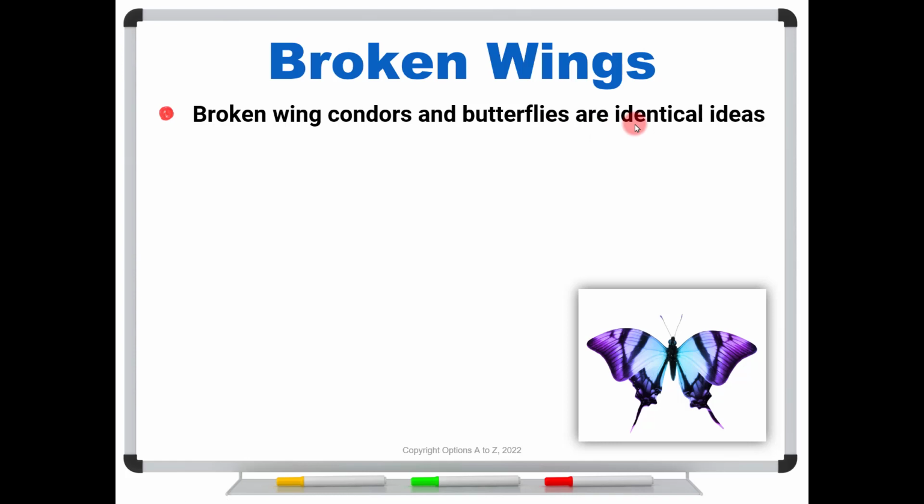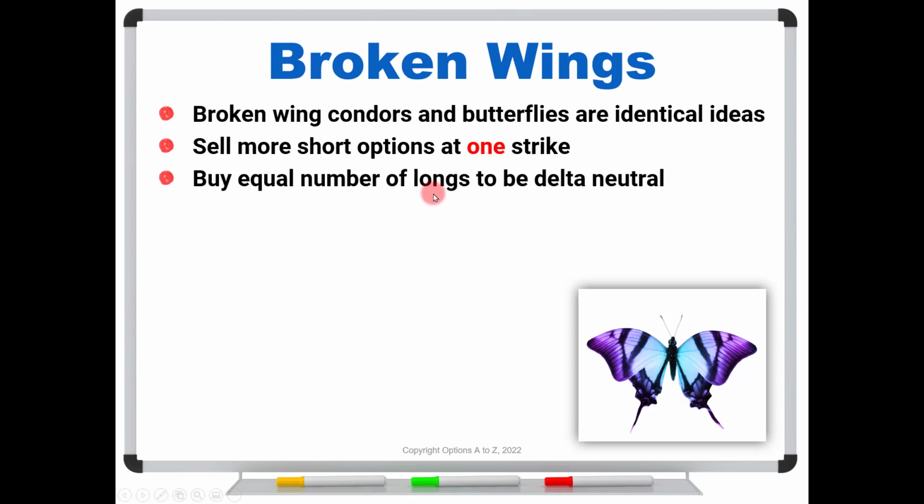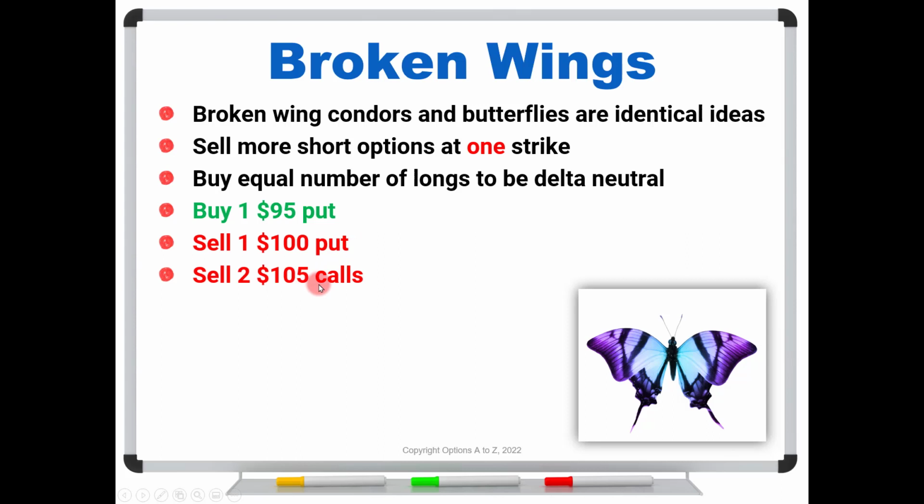But what you're going to do to make it different is you will sell more of these short options at one strike, not at both of those shorts. It will just be at one of them. You will buy an equal number of longs to be delta neutral. So for example, let's say that you buy one 95 put, you sell one 100 put, but now you're going to sell 2 of the 105 calls and therefore buy 2 of the 110s.